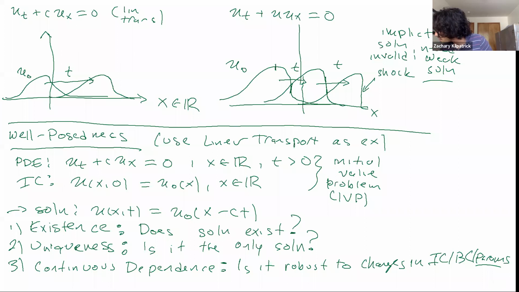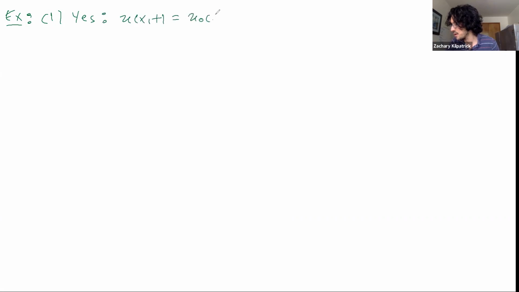And so we've already hit on a fast and loose method for finding the solution in our example. And so the answer to question 1 is yes. We have a solution. We don't know if it's the only one. And that solution is u0 of x minus ct.